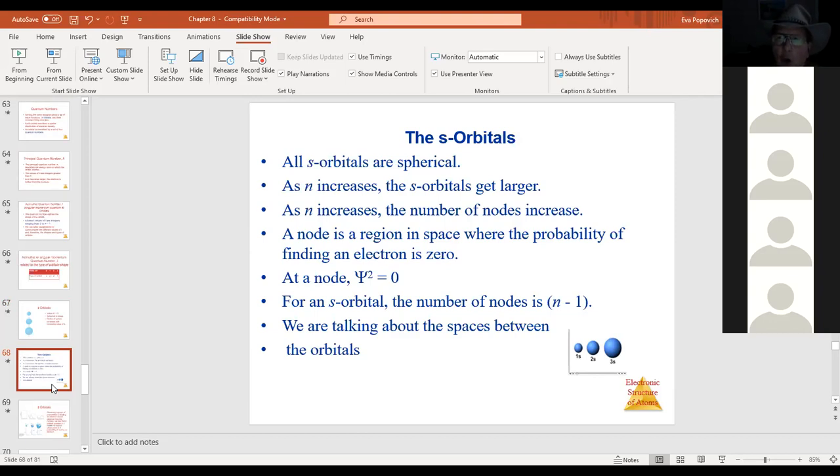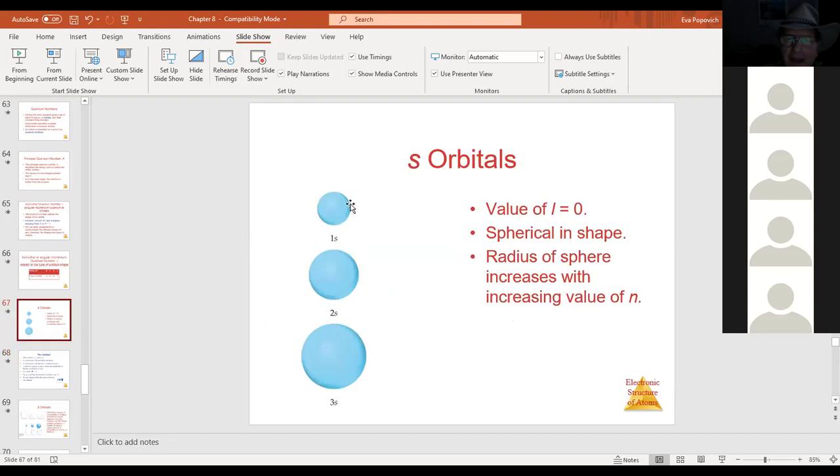So those are called nodes, and an electron cannot exist in a node. So if I'm dealing with my S value, my 1s, I have a node at the very origin because the electron cannot be in the nucleus, but it can be anywhere else.